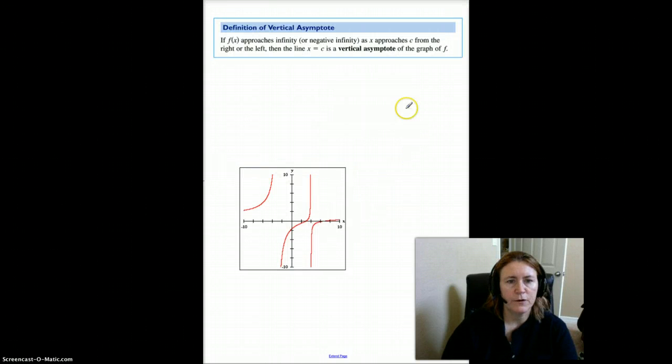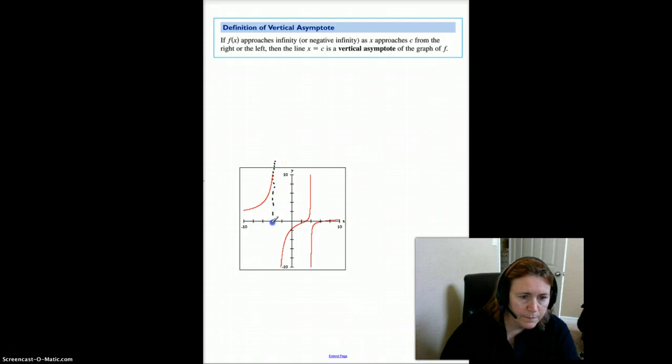Now let's discuss what a vertical asymptote is. Whenever you have f approaching infinity, plus or minus, it doesn't matter, as x goes to c from the right or left, then x equals c is a vertical asymptote. So right here in this graph, you see that as x approaches negative 2 from the left, f of x approaches positive infinity.